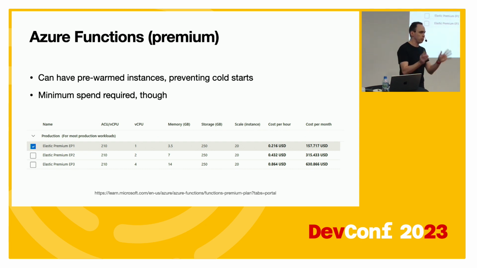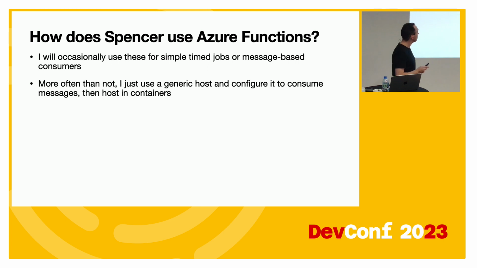This does have a point, which I will get to shortly. Do I use these for simple stuff? I absolutely do use Azure Functions. I will reach for them if I need to do something quickly or simply. But oftentimes, it's not a very long-lived process. Most of the time, I will configure a container to just consume generic messages and have a generic host that might start up, consume a message, and then spin down as needed in a message-based system.